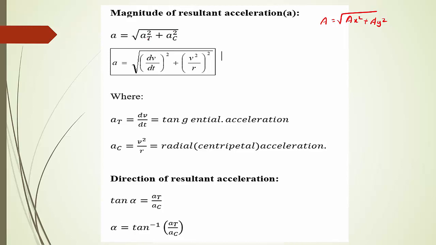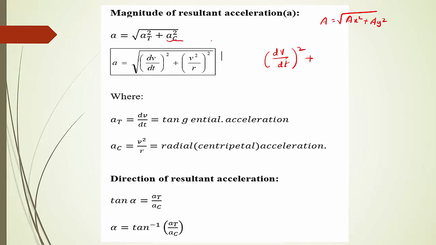Here at is the tangential acceleration and ac is the radial or centripetal acceleration. Or we can write a equal to square root of, in place of at, the rate of change of velocity dv by dt whole square, plus ac square, the centripetal or radial acceleration.